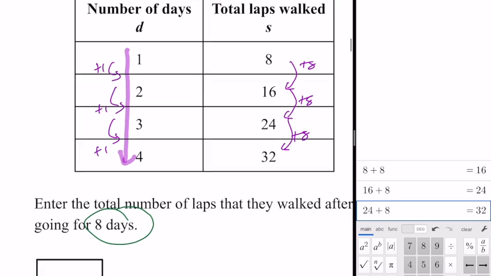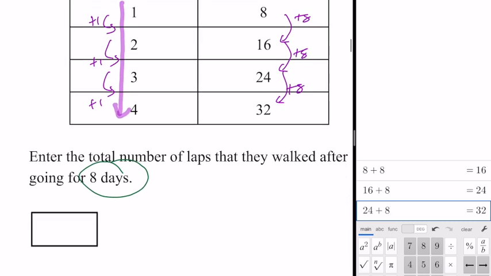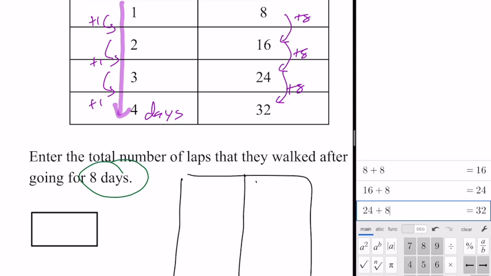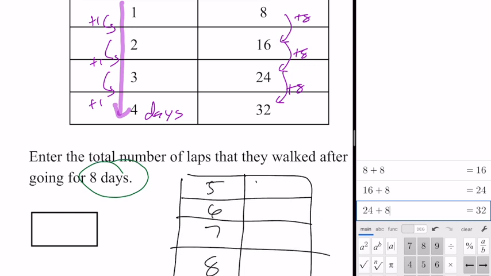So what do I have to do? I have to go all the way to 8 days. So I'm just going to make another table here where I can continue it. And there's 4, 5, 6, 7, 8. So the 32, I can just keep going. 32 plus 8 equals 40.